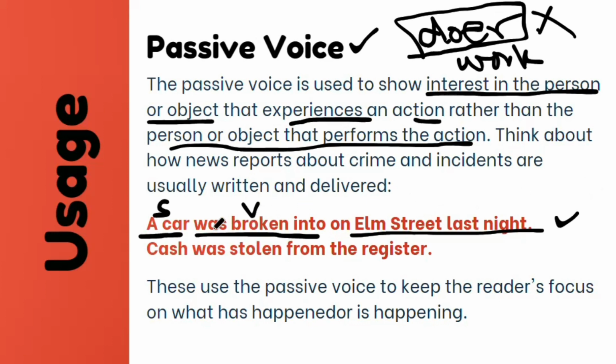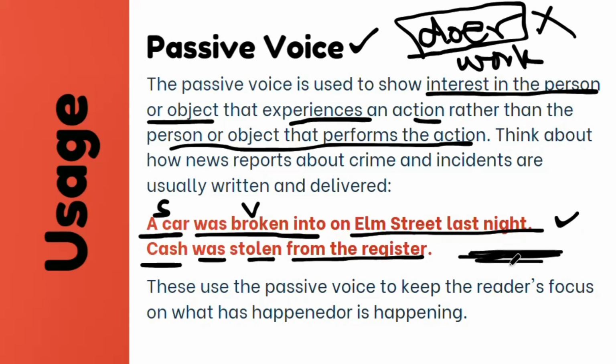Who performed this action of breaking into? We are not talking about that. Okay? Cash was stolen from the register. Now, cash itself is not doing any action. It is something that is still. Somebody stole the cash, but we are not mentioning anyone's name because we either don't know it or we don't want to mention it.